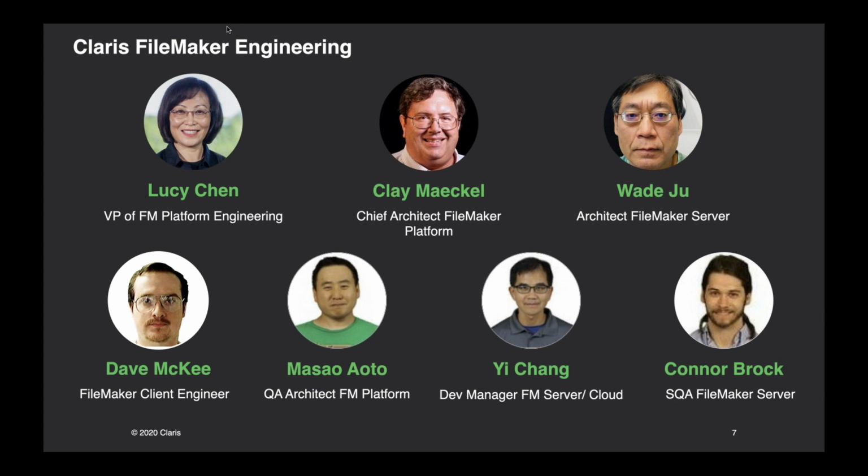Also, we have with us today Clay Makel, our Chief Architect for the FileMaker platform, Wade Ju, our FileMaker Server Architect, Dave McKee, Marcel Alto, Li Cheng, and Connor Brock, who are representing FileMaker Engineering for FileMaker Pro, Server, and Quality Assurance. So now I'll turn it over to Lucy.